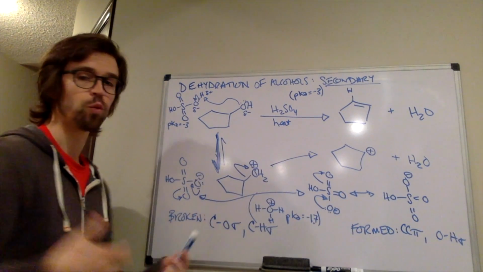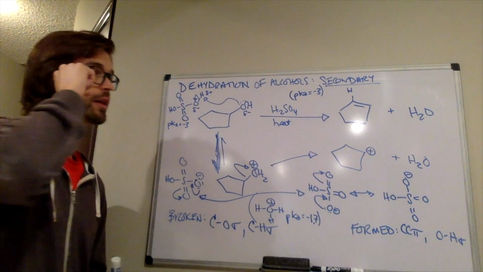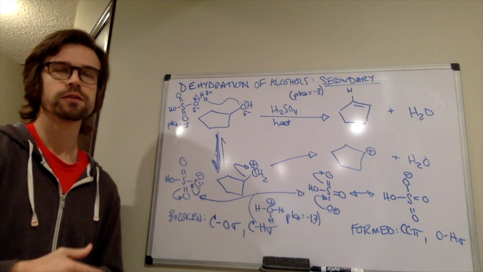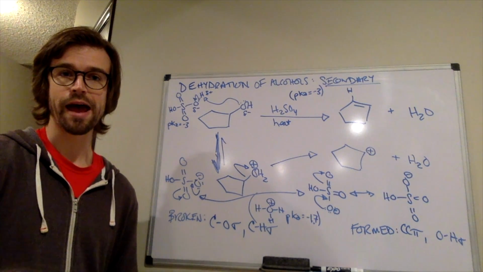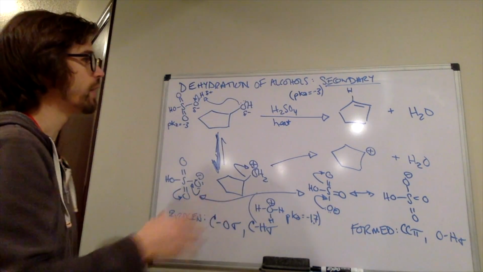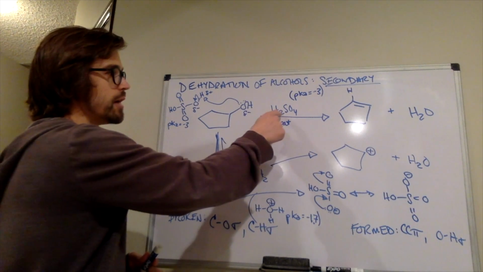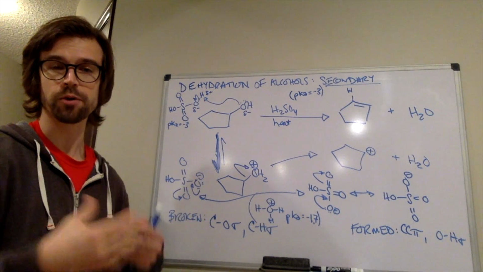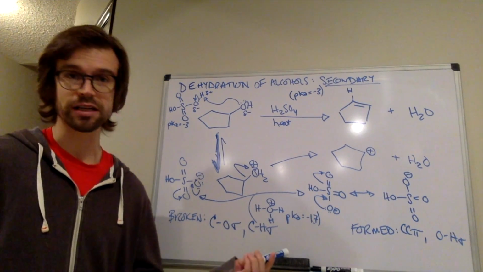We're showing it leaving by an E1 mechanism, right? This carbocation's forming, and then we're going to get the hydrogen pulled off. Does that make sense? So we get unimolecular reactions when we have a good leaving group and we do not have a strong nucleophile or base. Is there a strong nucleophile or base in these reaction conditions? No, there can't be, right? Because if a strong acid was mixed with a strong base, those two would just transfer a proton from one species to the other, and then the acid would be all gone, no reaction would be able to occur.